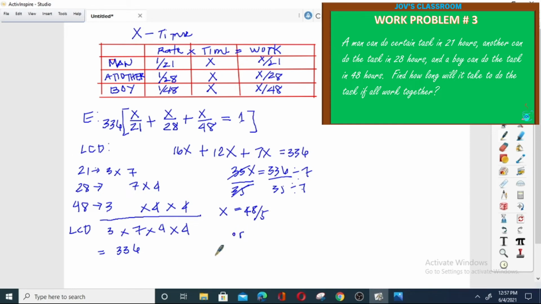Or in mixed fraction, 48 divided by 5 is 9 times 5 is 45, 48 minus 45 is 3, so this is 9 and 3/5 hours. So each of them has 9 hours or 9.6 hours to finish the job.